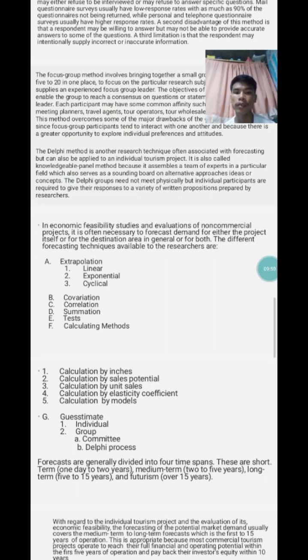The Delphi group need not meet physically, but individual participants are required to give their responses to a variety of written questions and propositions prepared by the researcher.